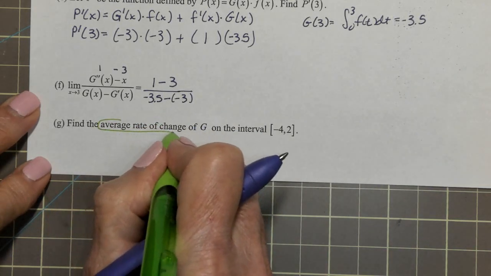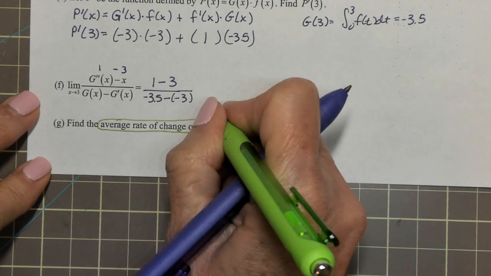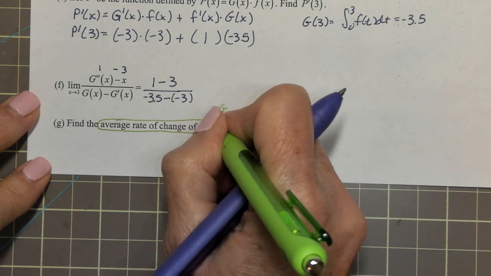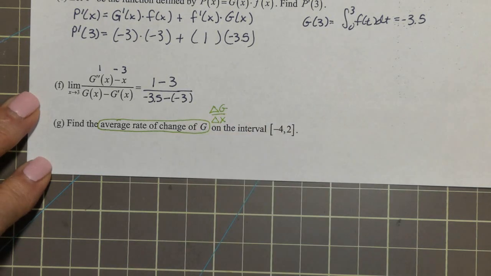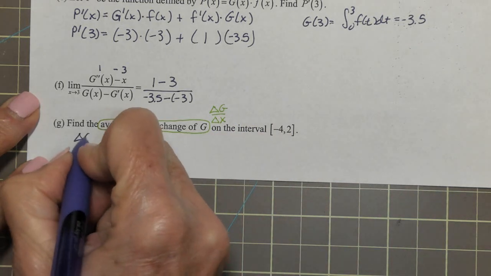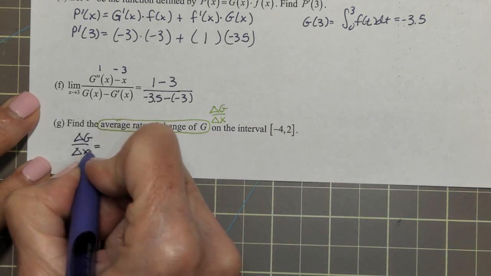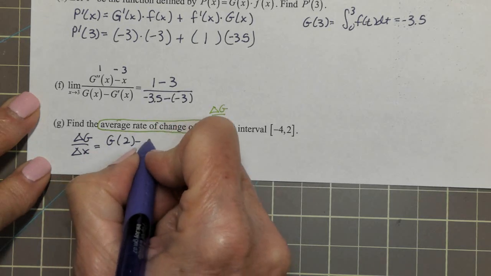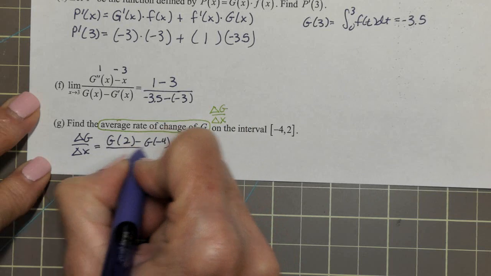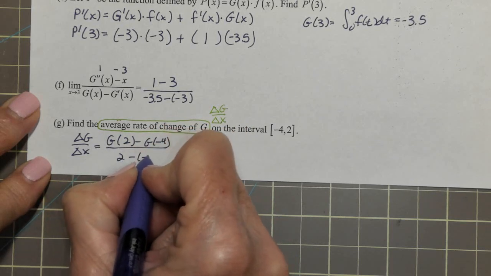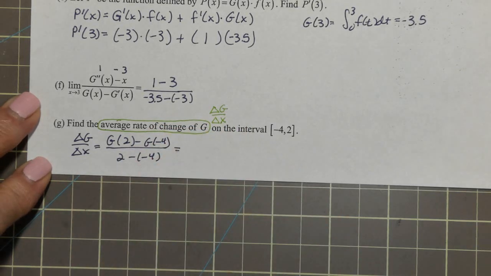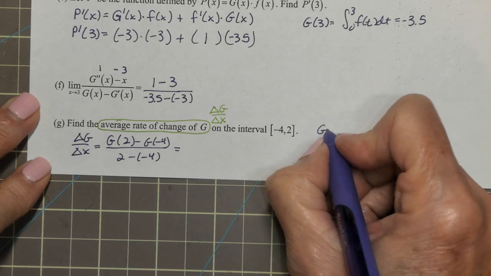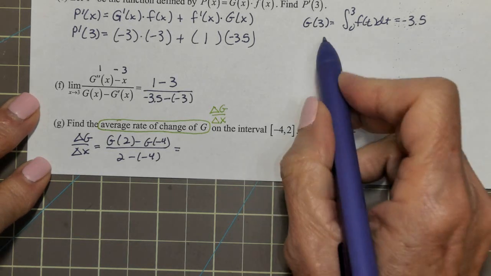Average rate of change, in my mind, is always delta G over delta X. So delta G over delta X, which is G at 2 minus G at negative 4 divided by 2 minus negative 4. What is G of 2? Well, we have not found G of 2. We need to go off to the side and find G of 2, just like we found G of 3 up here.